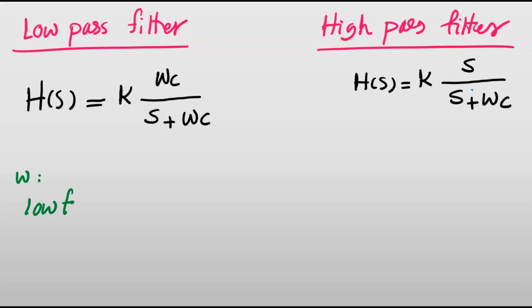In low frequencies, when omega is very, very small, then this term can be neglected. We can throw away this term because this is a very small number, and then what we have left is basically the gain, because then omega C and omega C cancel out. So the filter has a gain of K when we are focusing on very low frequencies.